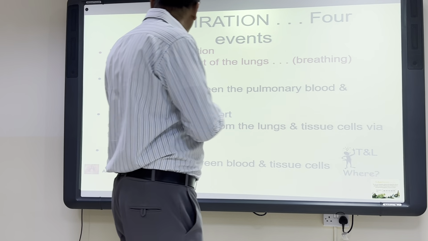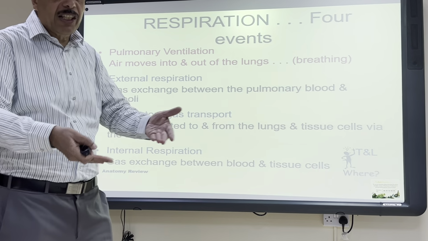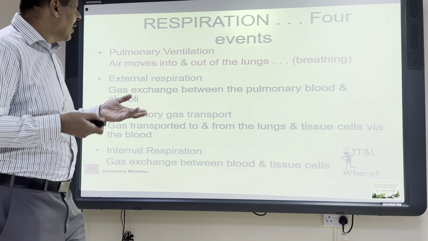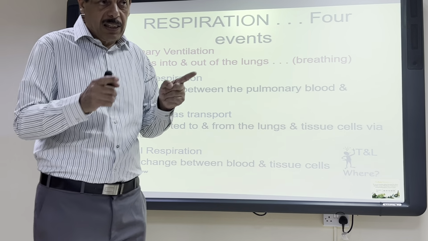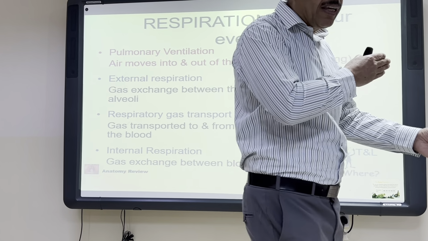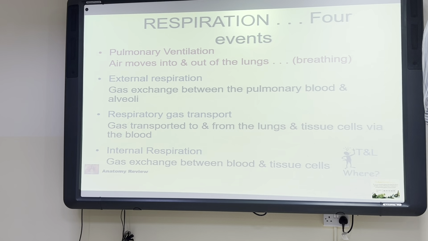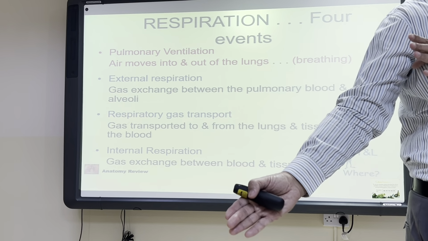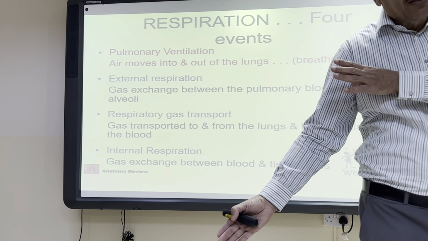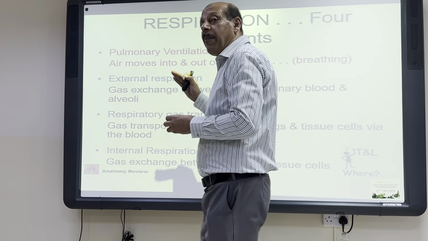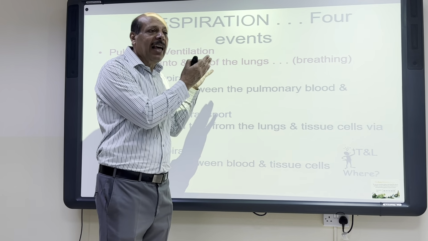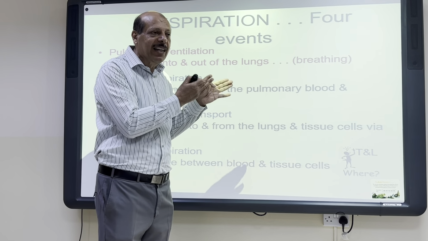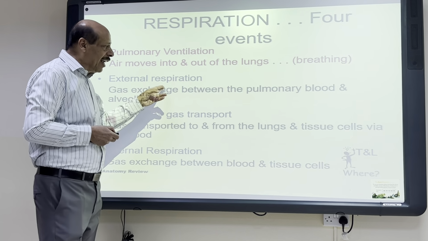So we have pulmonary ventilation, which is inhalation and exhalation. The external respiration, which is respiration itself, is the exchange of gases between the blood and the external air, or between the blood and the cells. So between the blood and the external air in the alveoli, it is called the external respiration.